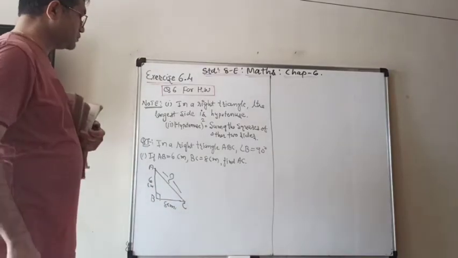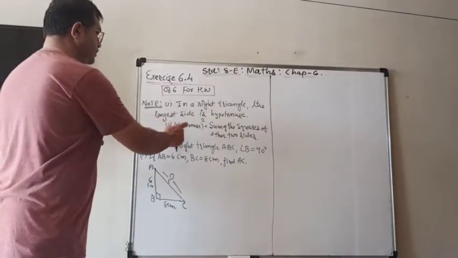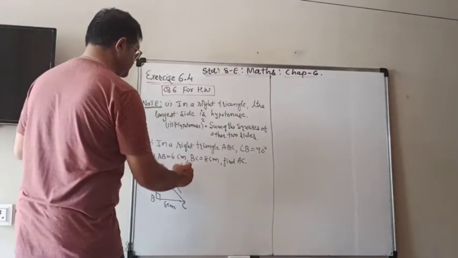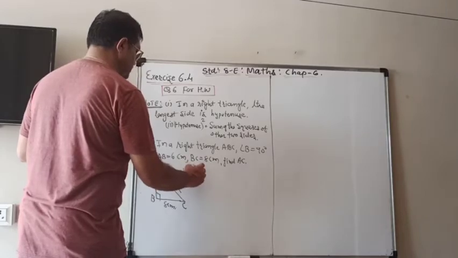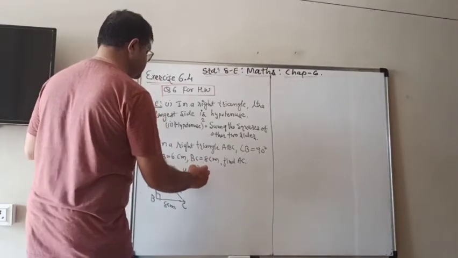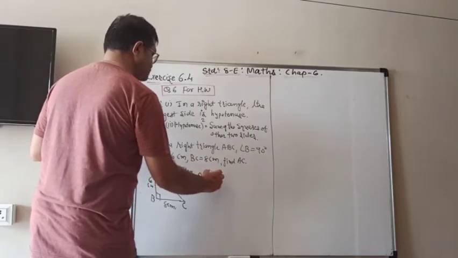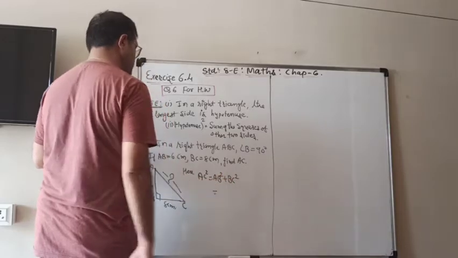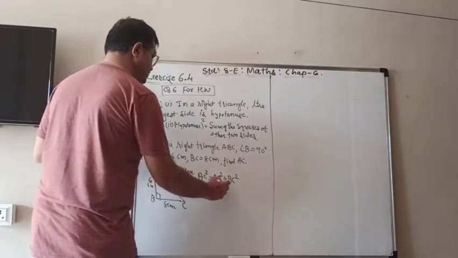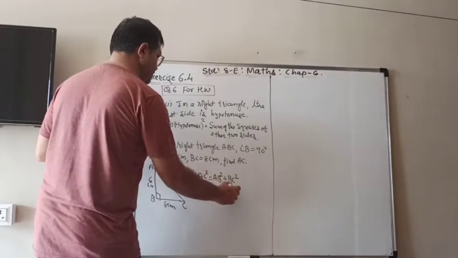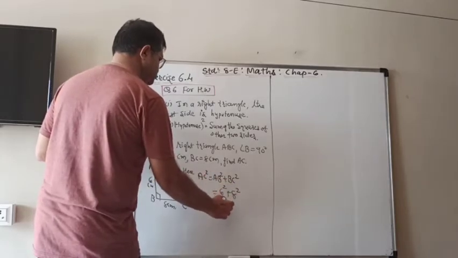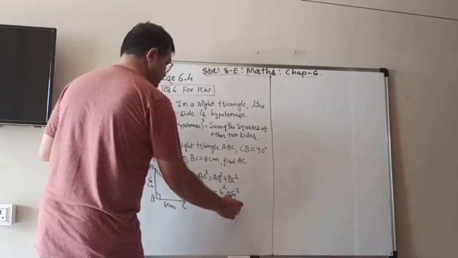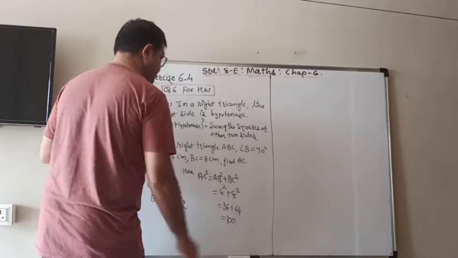So now, as I explained to you, we have to use this: hypotenuse square is equal to the sum of squares. So here we have to find out AC. So AC square is equal to AB square plus BC square. What is AB? 6. 6 square plus 8 square. 6 square is 36. 8 square is 64. 64 plus 36 is 100.